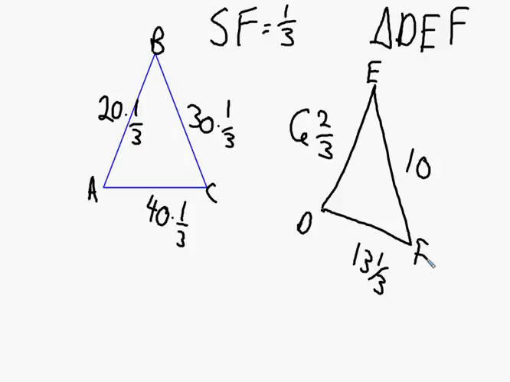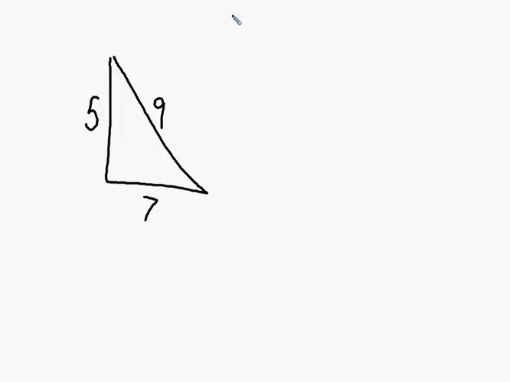So I'm going to give you a triangle to try out on your own. And I'll just hand draw it. So I have the following triangle, 5, 7, and 9. And we're saying we're going to apply the scale factor of, let's do 5/3.